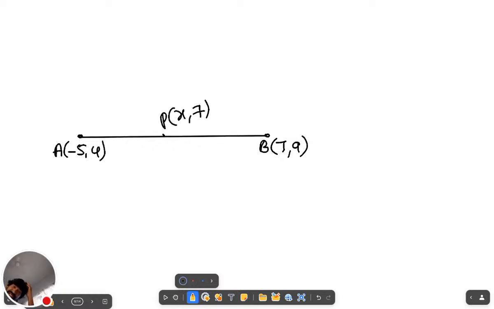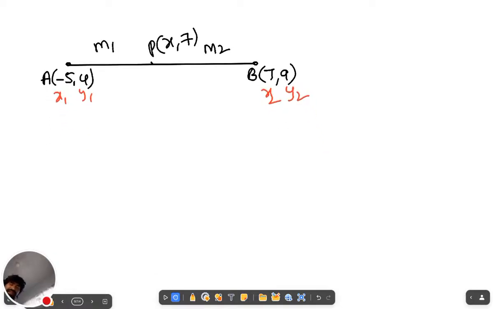So it divides AB in some ratio. We don't know what the ratio is. Let us take it as m1 is to m2. Here these are x1, y1, x2, y2. So let us apply the section formula to find the x value and the ratio. What is the section formula?